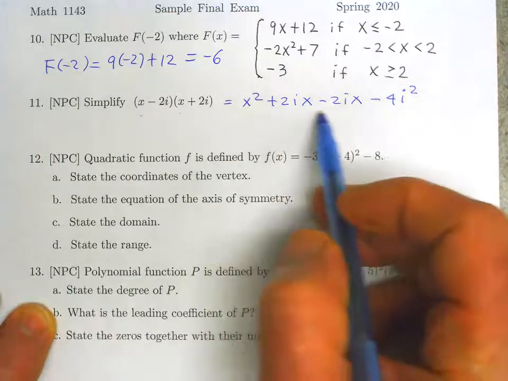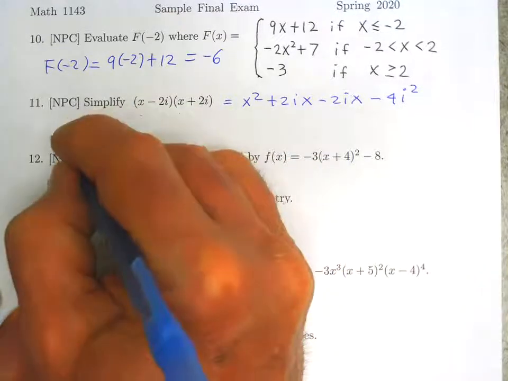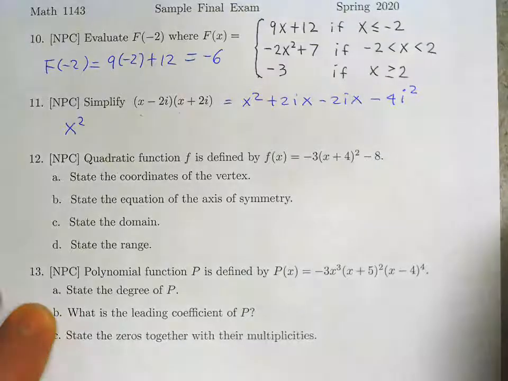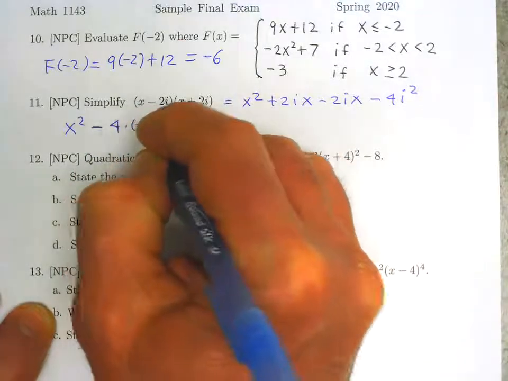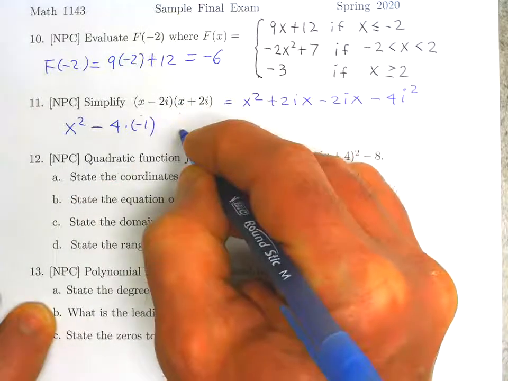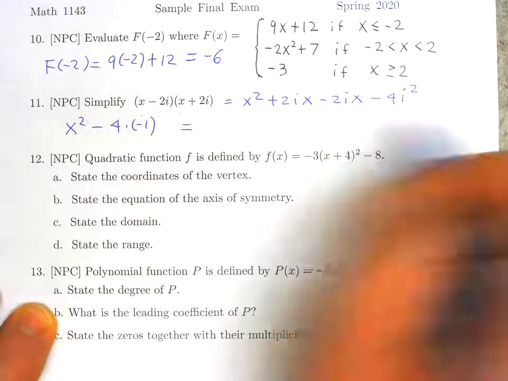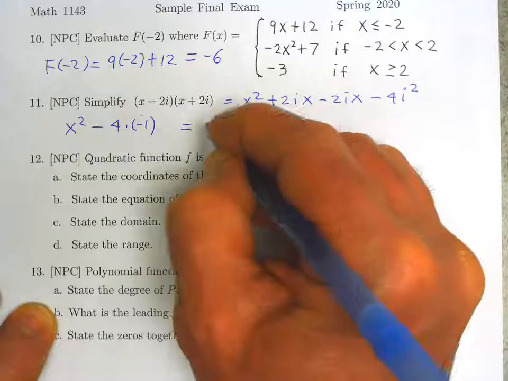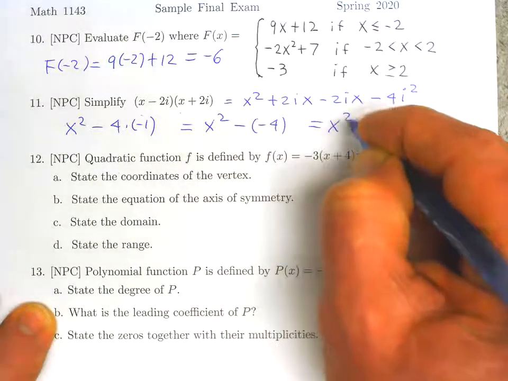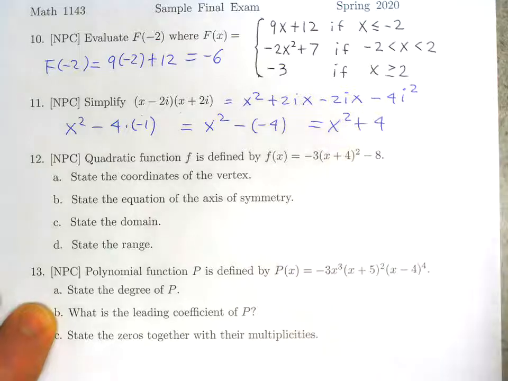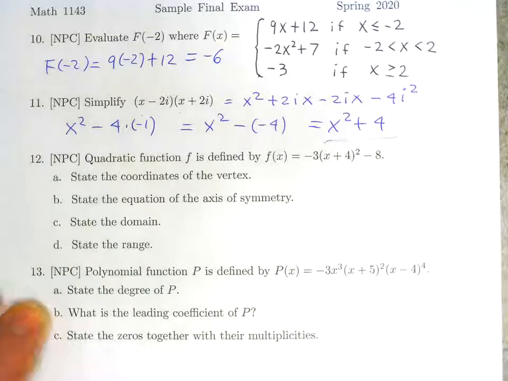The two middle terms cancel each other out, but remember that i to the second is negative 1. And so when we're finished, x squared minus negative 4 is x squared plus 4. That's the simplified product.